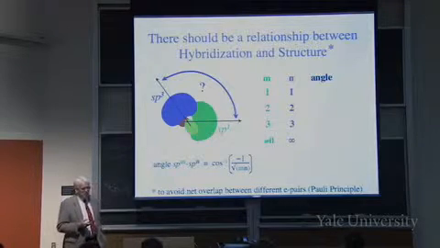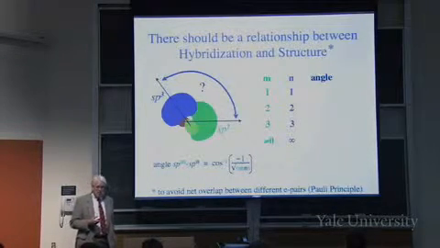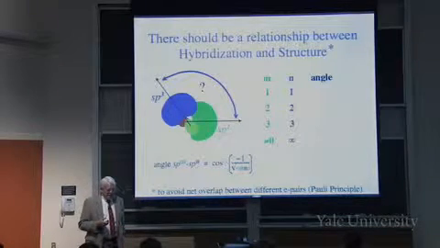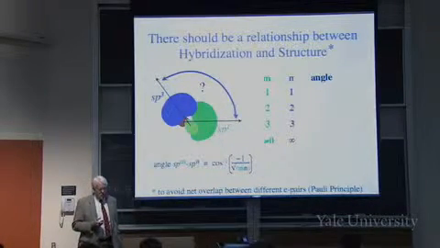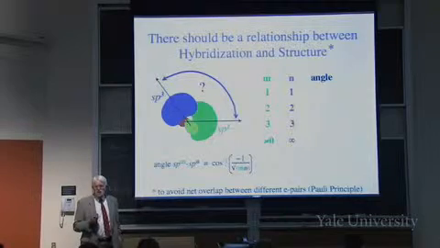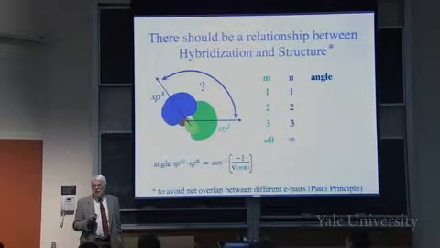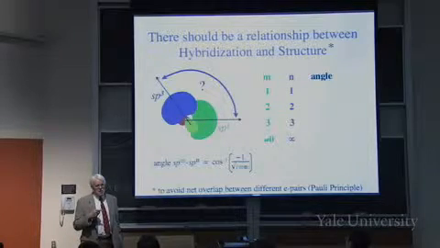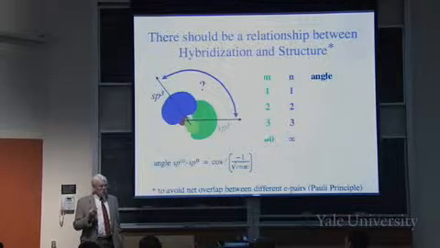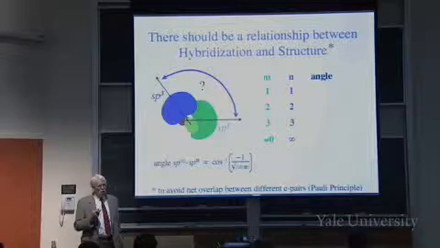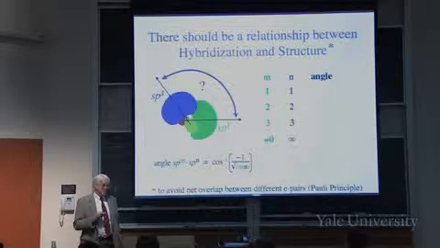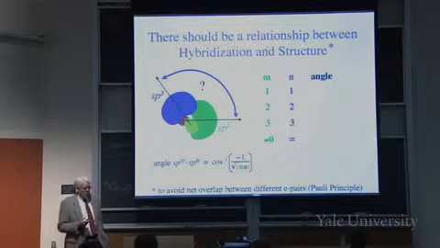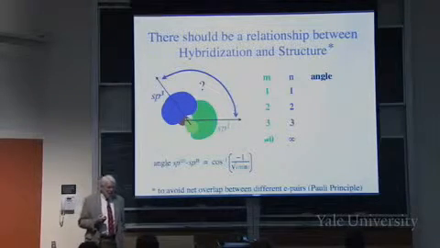Let's look at sp with sp, sp squared with sp squared, sp cubed, and sp anything with sp infinity. What's sp infinity? That says the ratio of p to s is infinite, so it's a pure p. So what angle would a pure p orbital make with any hybrid? Okay, so those are the things we're going to talk about. So first, let's try the first one. You can do the math for me.